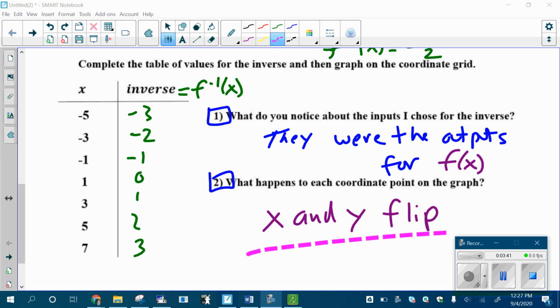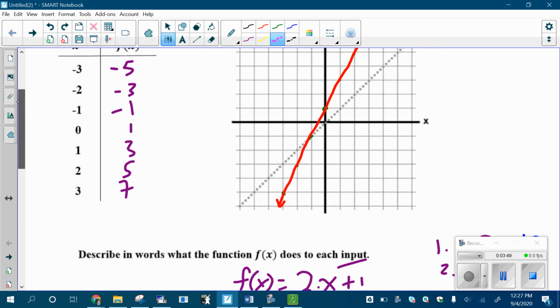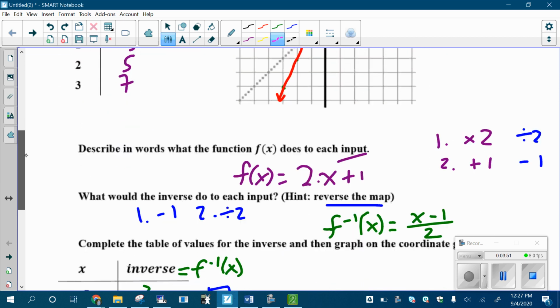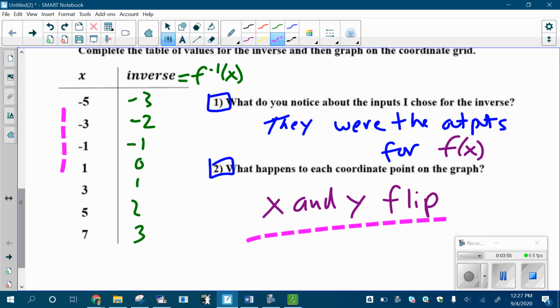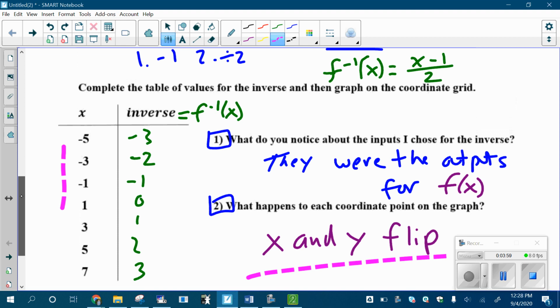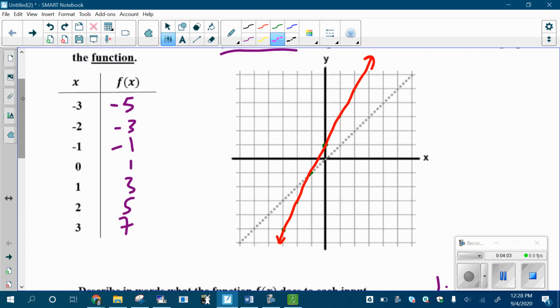Okay, so you should have noticed that what we picked for the inputs in this table happened to be the outputs in our original. Okay, and that wasn't a coincidence. That helped us see the idea that what happened to each point on the original, well, -5, let's start the original. -3, -5 was a point on the original.